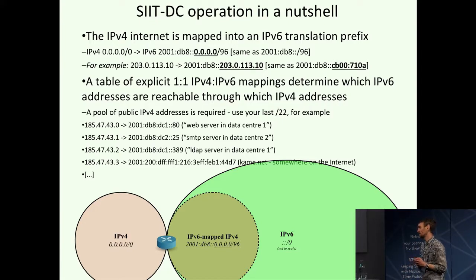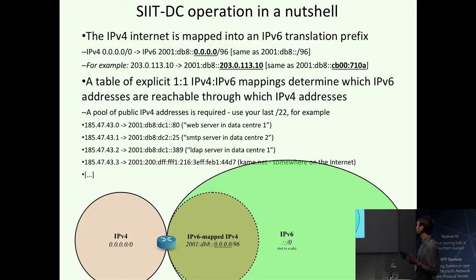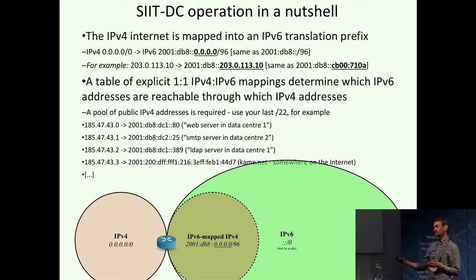So the next challenge then is how to make those v6 only web servers or load balancers or whatever it is inside of your data center that do not follow this magic address format available.